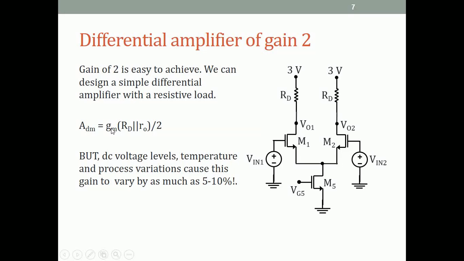If you think of Gm as 2ID over VOV, VOV will vary as the input voltage signal varies, and as VOV varies, Gm varies, and as Gm varies, the gain varies. This gain is far from constant, and because of all these variations, the gain can vary as much as 5 to 10%. And we want a gain that varies by less than 0.01%.